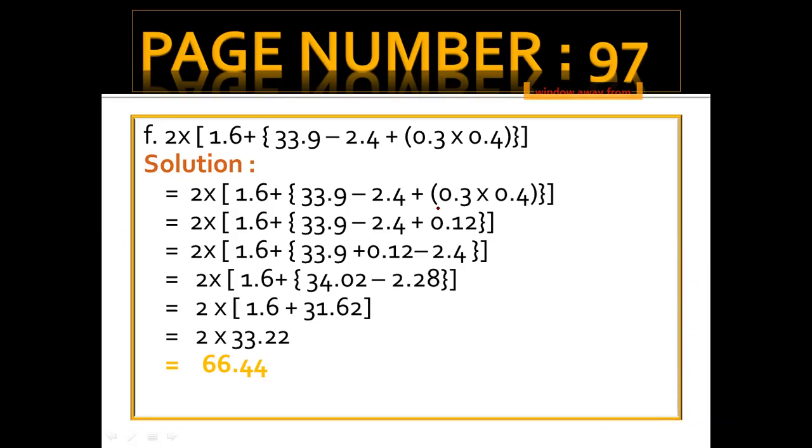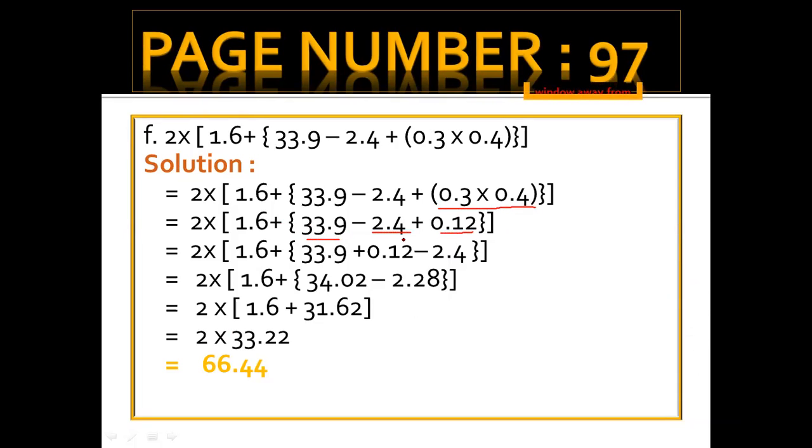First bracket is 0.3 multiply 0.4, 0.12. We have three numbers, 33.9 minus 2.4 plus 0.12.